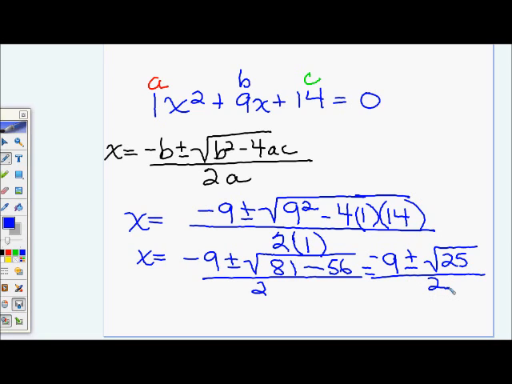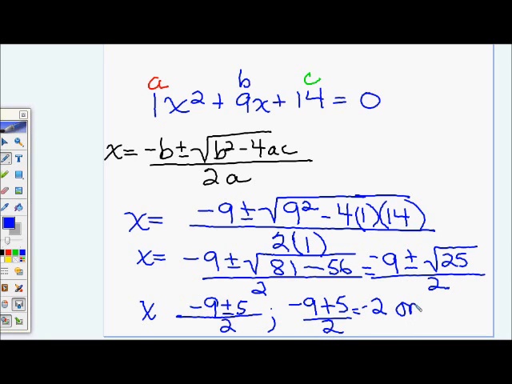The square root of 25 is 5, so we have negative 9 plus or minus 5, and that is all over 2. So our answers could be that if we did negative 9 plus 5 over 2, we would get negative 4 over 2, which would be negative 2.